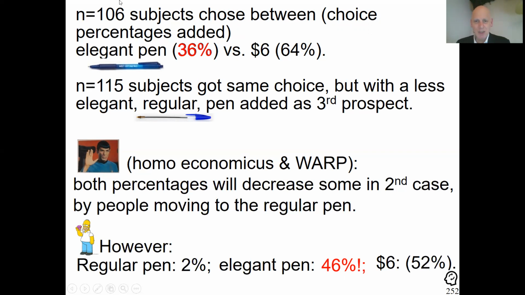There must be quite some people who, in the choice between two, go for the money amount. But then if we add a stupid pen, suddenly they move to the nice pen. That is strange because the nice pen didn't get better, it's just what it was. So why would you prefer it more if there's a stupid, irrelevant pen lying next to it?